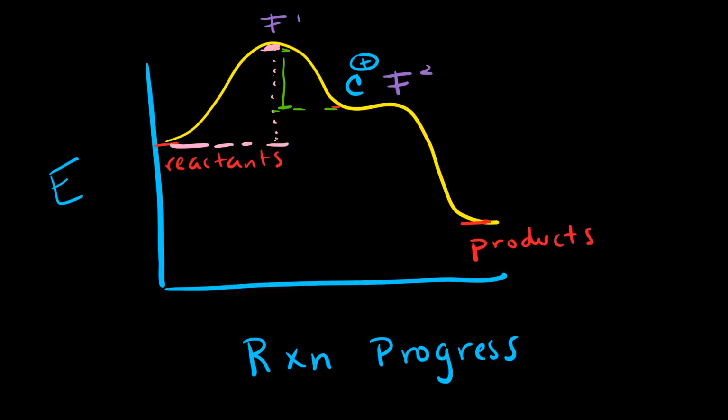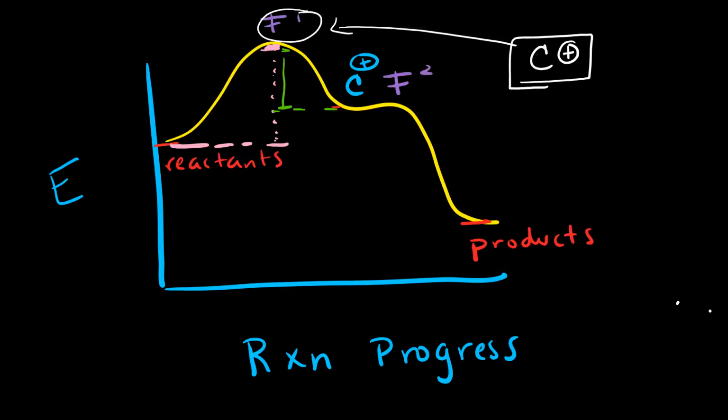What this tells us is that the transition state here starts to look a lot like the carbocation. So at the top of the energy hill there, so to speak, you're getting a lot of positive charge buildup on that carbon. Therefore, anything that we do that will stabilize this carbocation will lower the activation energy of the step.